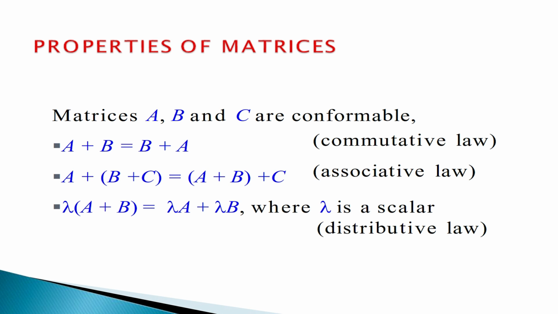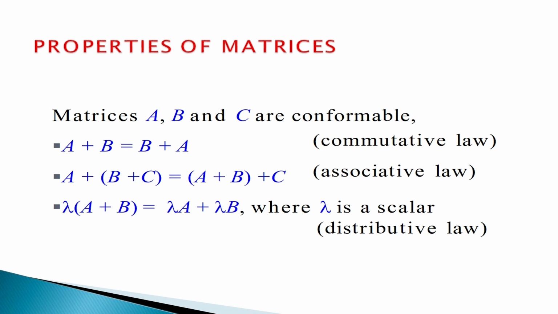If matrices A, B, C are conformable, then matrix addition is commutative, that means A plus B is equal to B plus A. Similarly, matrix addition is associative, that is A plus B plus C can be A plus B plus C.